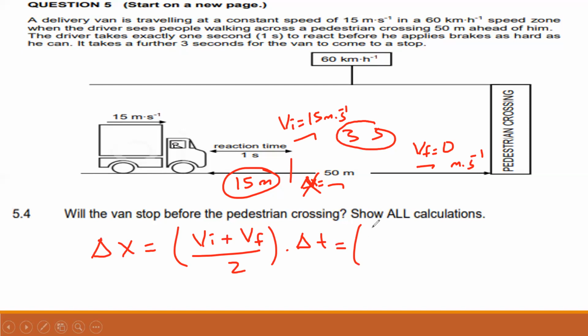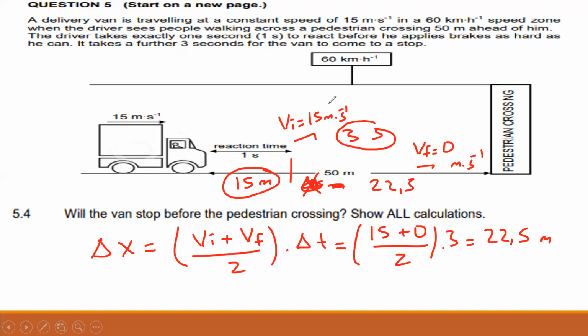Let's see, V initial is 15 plus 0 over 2 times delta T, which is 3 seconds. When you calculate, you are getting 22.5. This 22.5 is for 3 seconds, not 50, we made a mistake there. So 22.5. So what's our total distance?